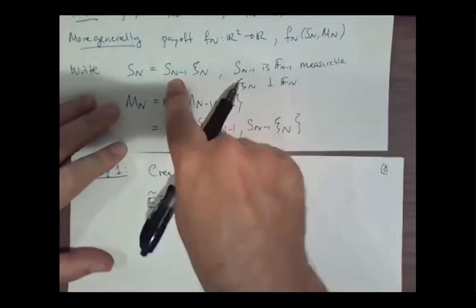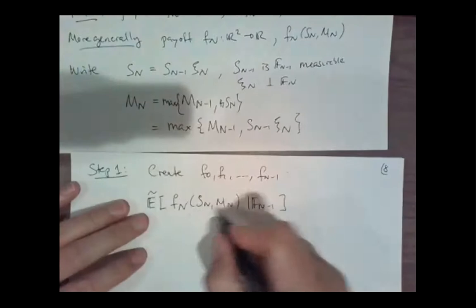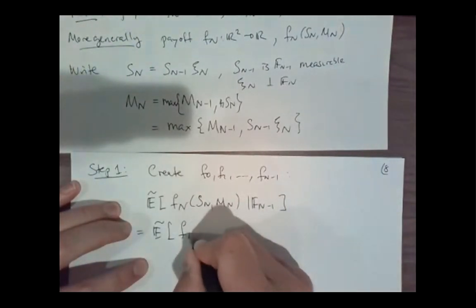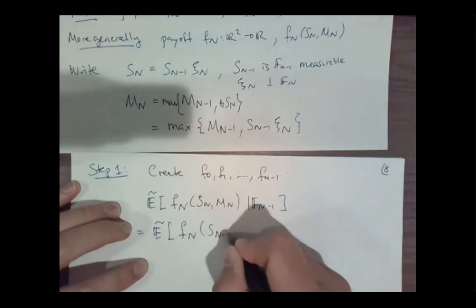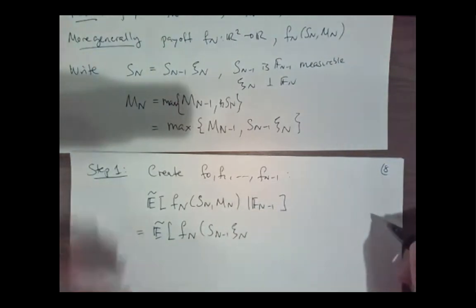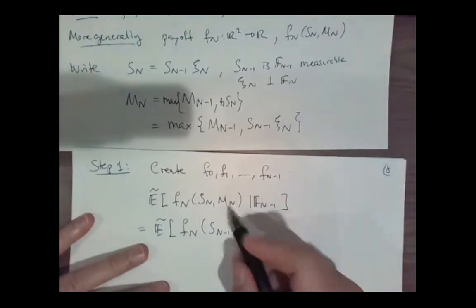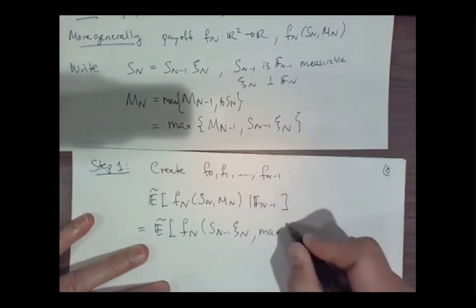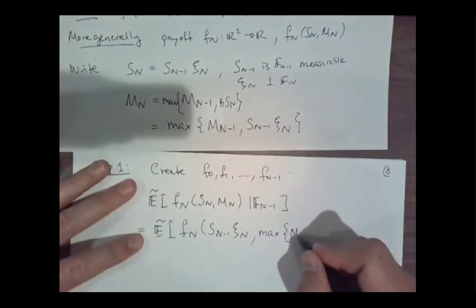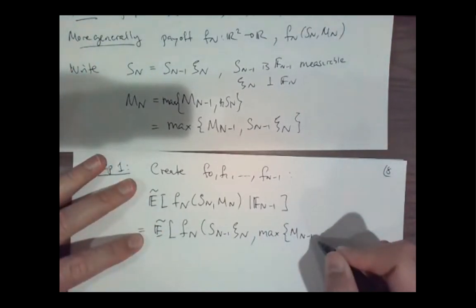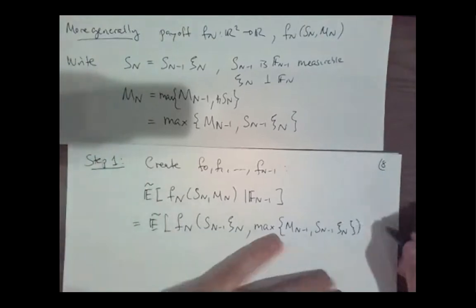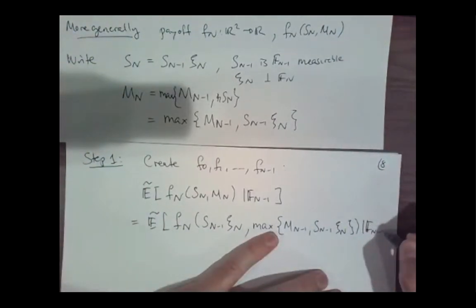And then we take these formulas we had for the random quantities and plug them in here instead. Fn, then we have Sn minus 1 times the coin flip. M here is this maximum thing, M n minus 1, Sn minus 1, and then your psi, given Fn minus 1.